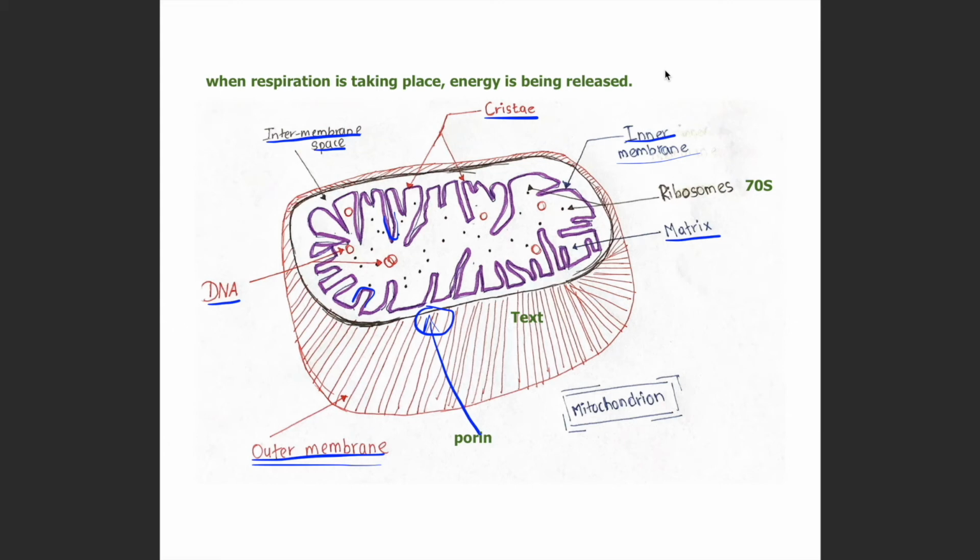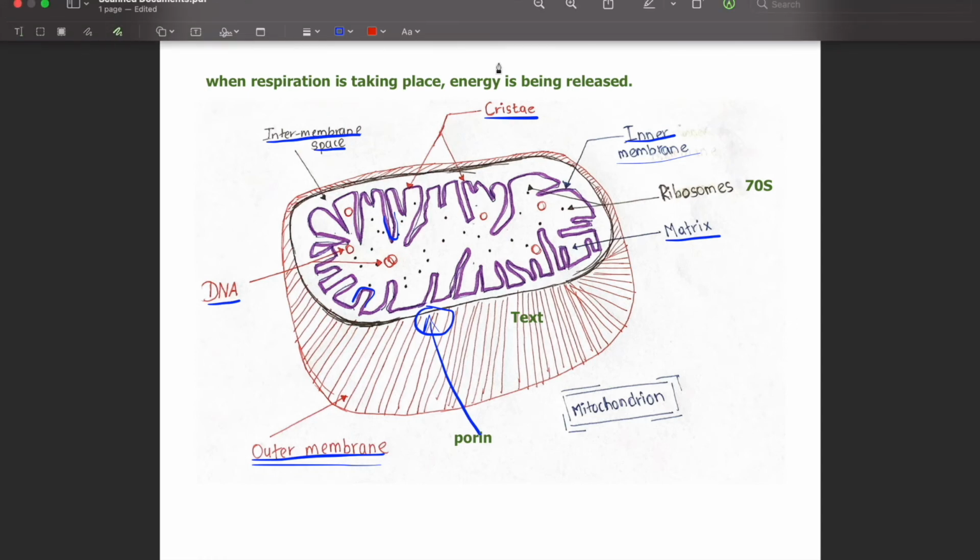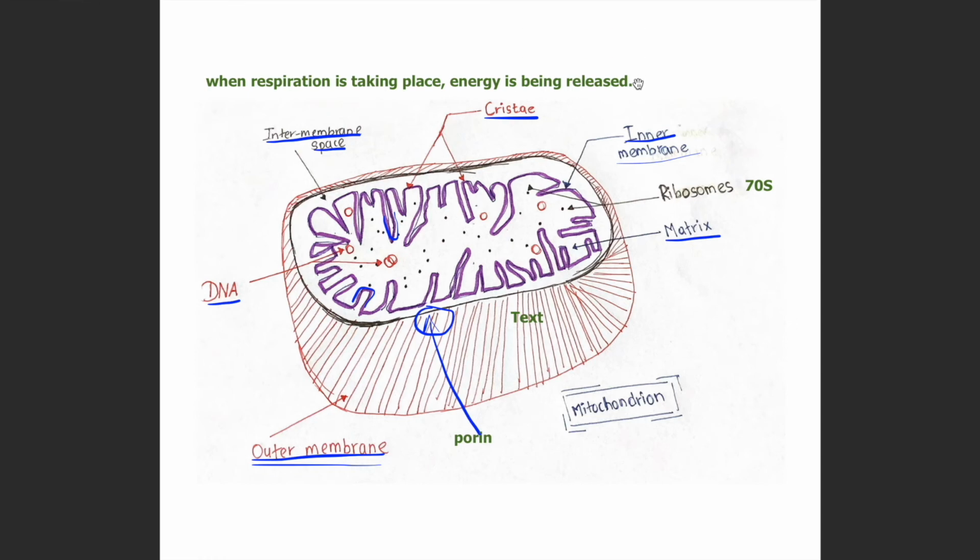From where? How do we get this energy to be released? Food sources such as sugars and lipids all release energy. A series of reactions occur and energy is released from these, and that energy is being transferred to ATP molecules.